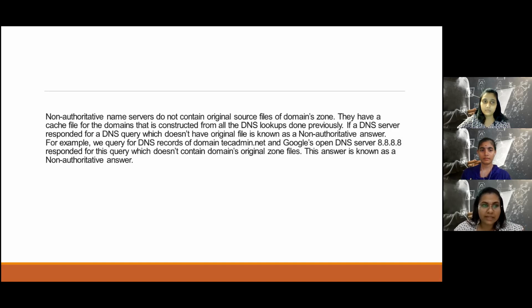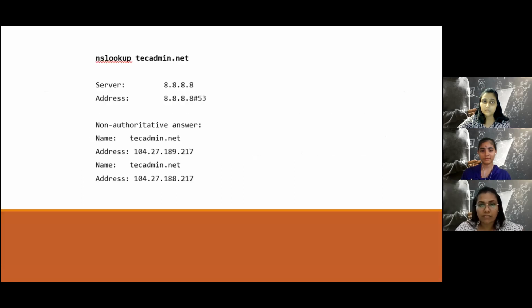For example, we query for DNS records of domain ticketme.net and Google's public DNS server 8.8.8.8 responded to this query, which doesn't contain the domain's original zone files. This answer is known as a non-authoritative answer. This is the example for the non-authoritative name server.